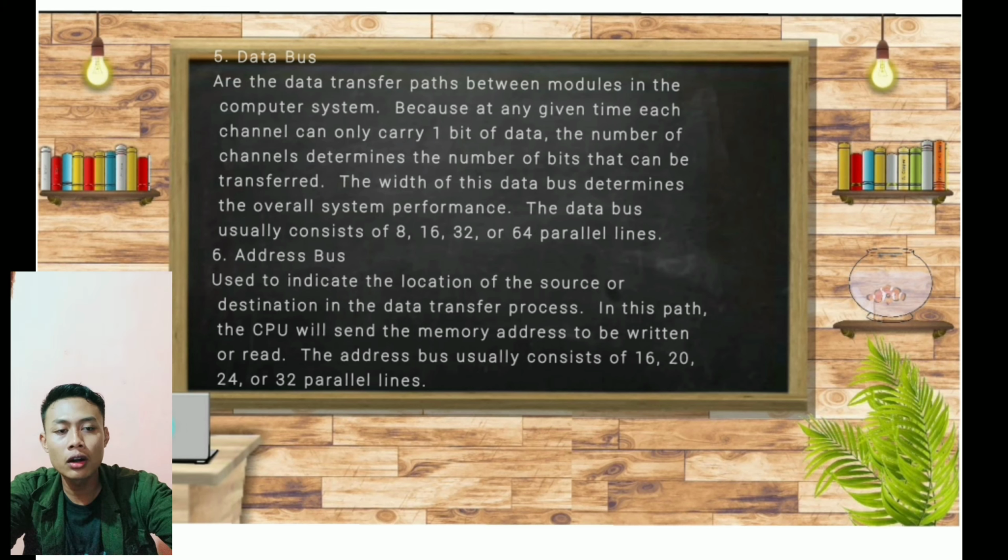The number of channels determines the number of bits that can be transferred. The width of the data bus determines the overall system performance. The data bus usually consists of parallel lines.